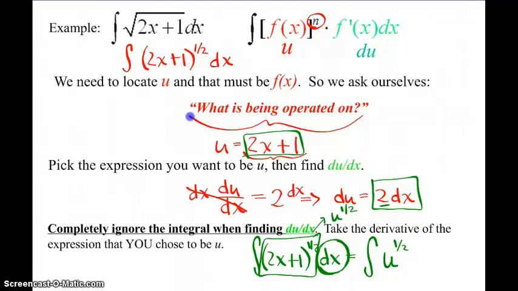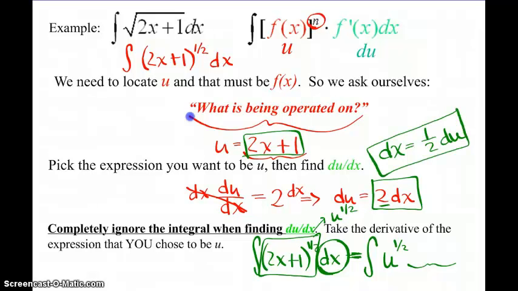How can I write the differential so that this is a true statement? This is important. It needs to be the same value; it just needs to look different. Isn't it true that dx would have to be 1/2 of du? That's a true statement that follows from this relationship.